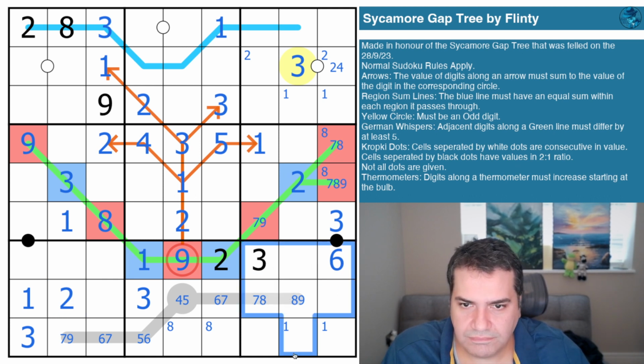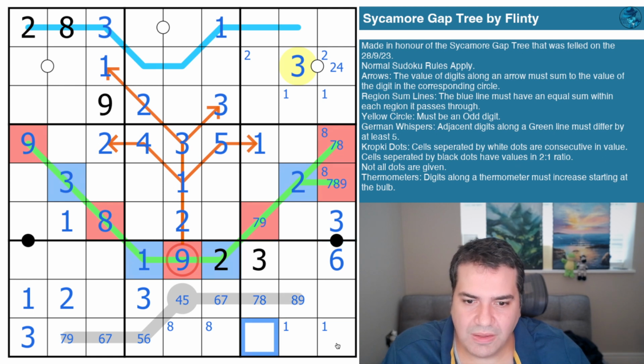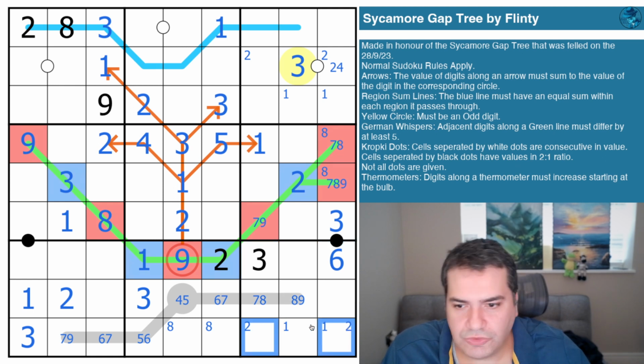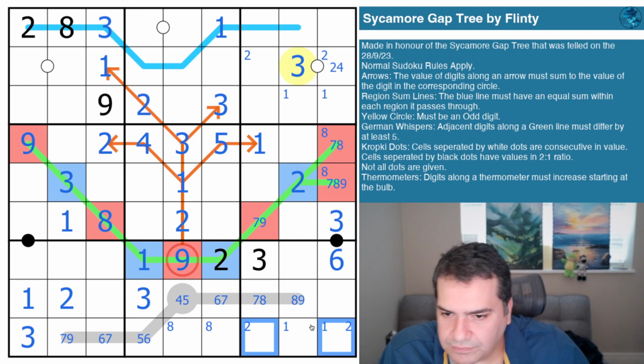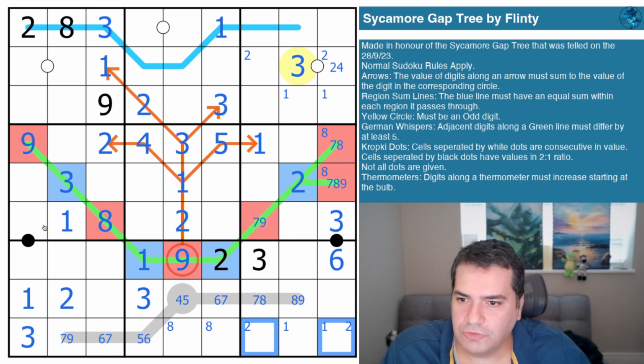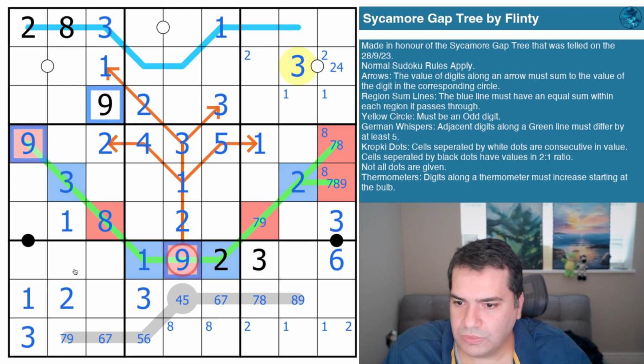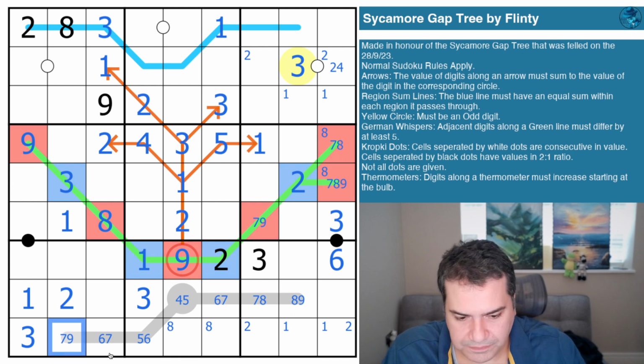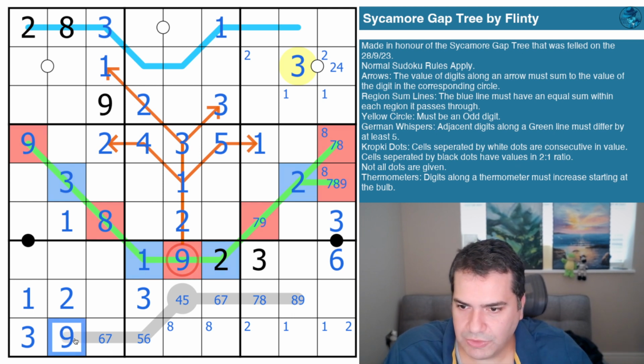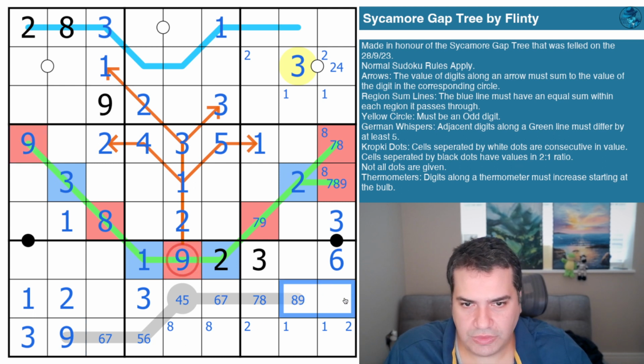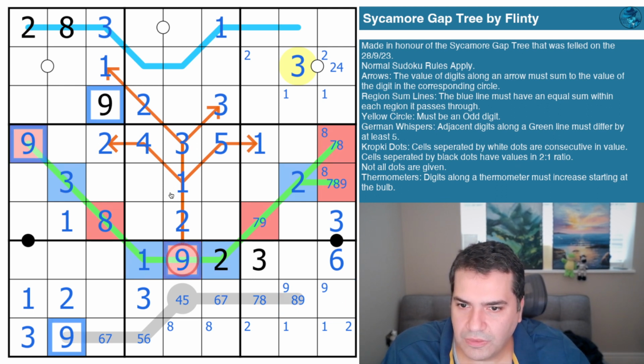I don't know if this corner pencil marking is getting me anywhere, if I'm honest, but I'll just carry on for a bit longer. 4s we don't have many of. 5s we don't have many of. 9s we do. That's got to be a 9 now. Not very helpful because it's not really restricting anything on the thermo. We do know that there is a 9 in here. Where else?